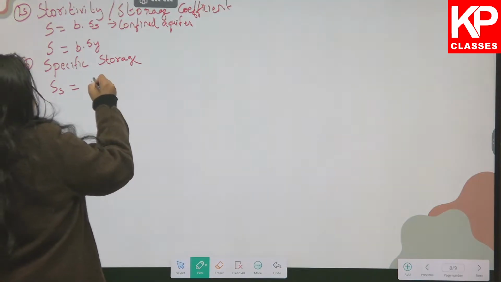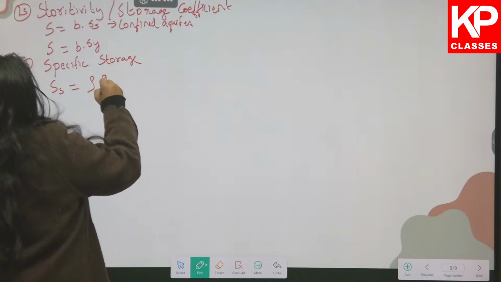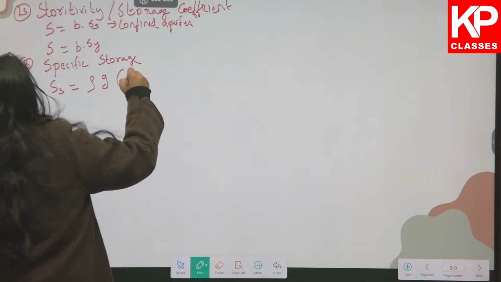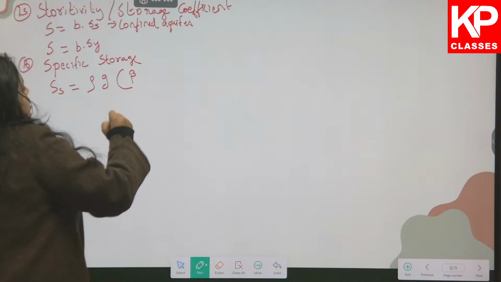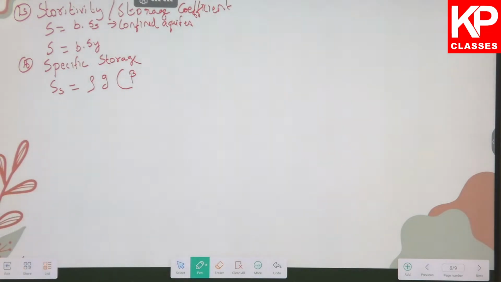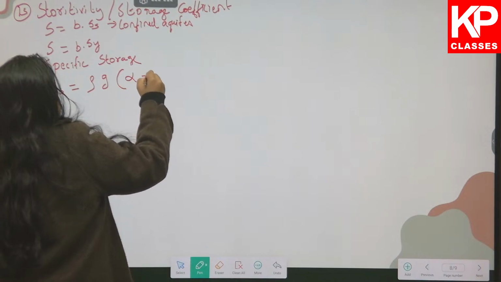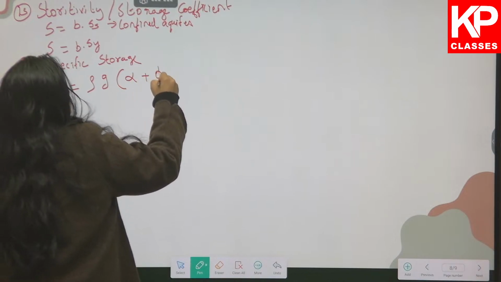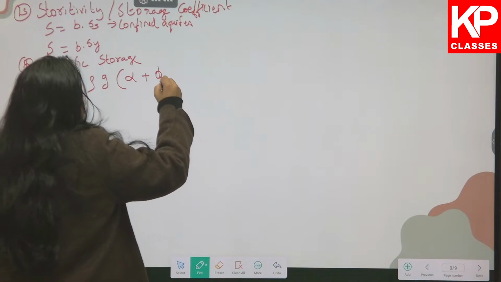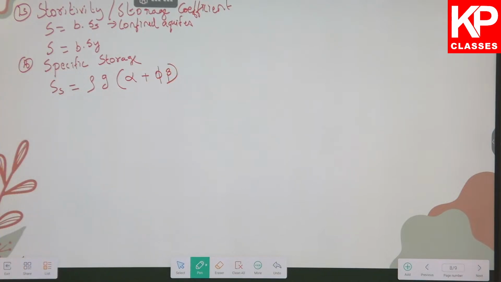specific storage is equal to the density of the fluid times acceleration due to gravity, multiplied by the aquifer compressibility, sorry, aquifer compressibility is notated by the letter alpha, alpha plus the effective porosity phi into water compressibility beta, fluid compressibility beta.